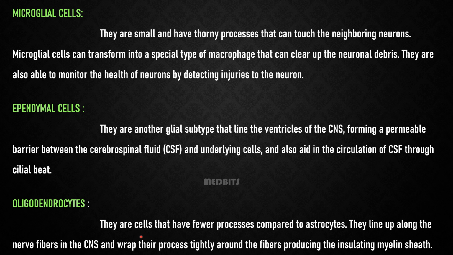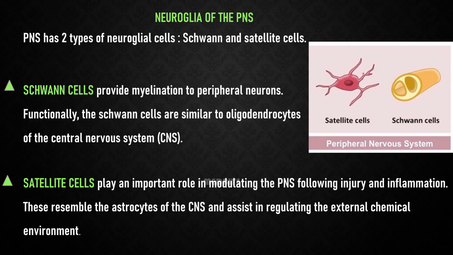Oligodendrocytes. They are cells that have fewer processes compared to astrocytes. They line up along the nerve fibers in the CNS and wrap their processes tightly around the fibers, producing the insulating myelin sheath.